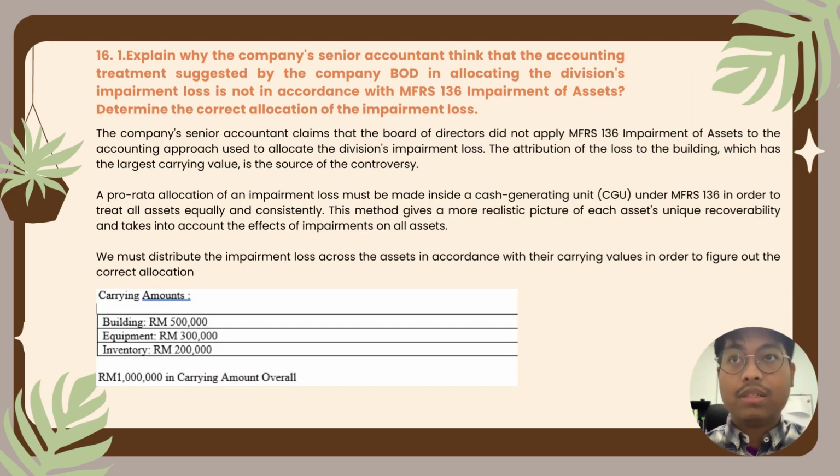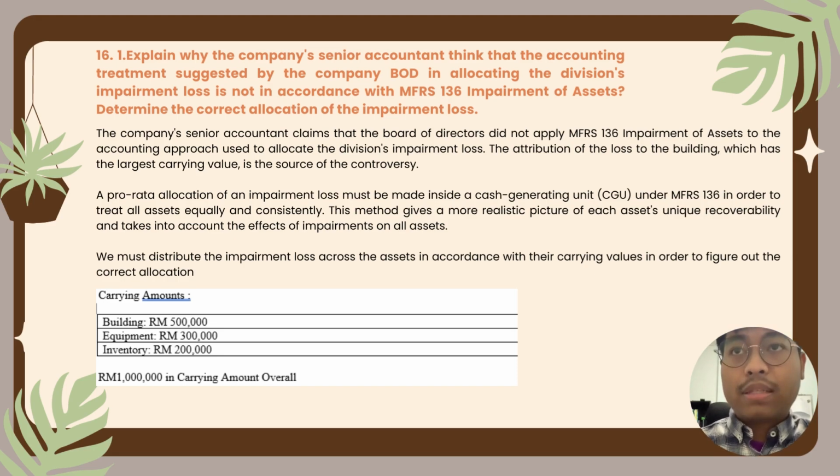The last question asks us to determine the correct allocation of the impairment loss of the statement given above. So the answer is the company's senior accountant claims that the board of directors did not apply MFRS 136 Impairment of Assets to the accounting approach used to allocate the divisions' impairment loss. The attribution of the loss to the buildings, which has the largest carrying value, is the source of the controversy.